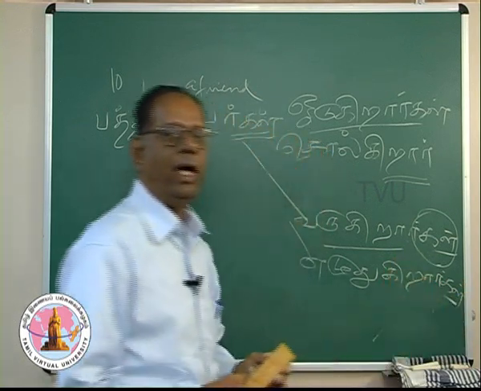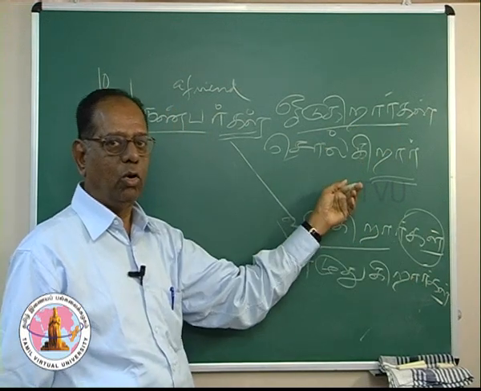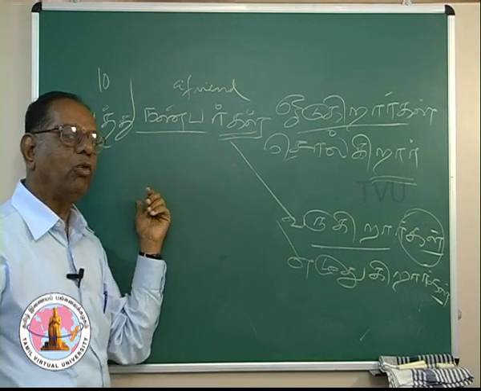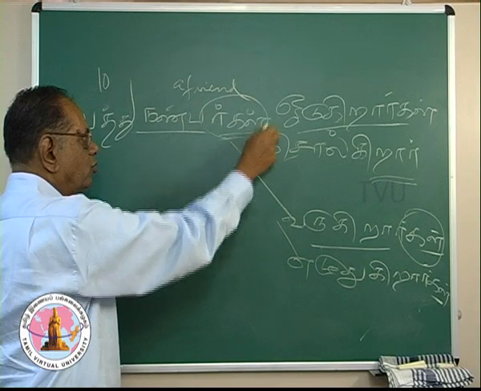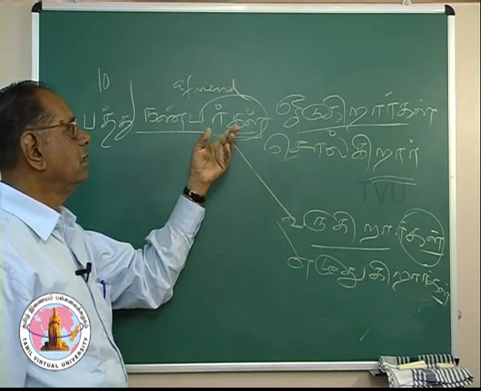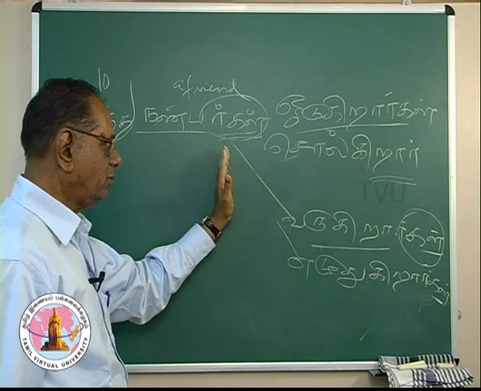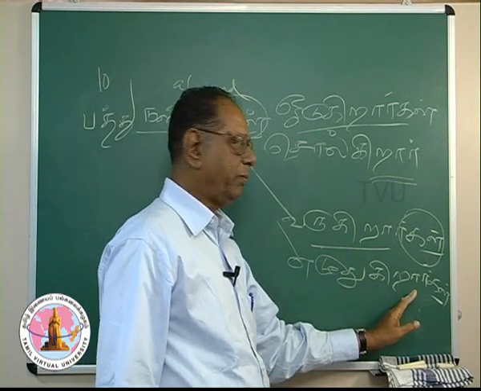So everywhere you have the plural suffix kal to denote that the subject is in plural. Here with the subject also we have this system of adding kal, so that you have a plural subject and the verb also.